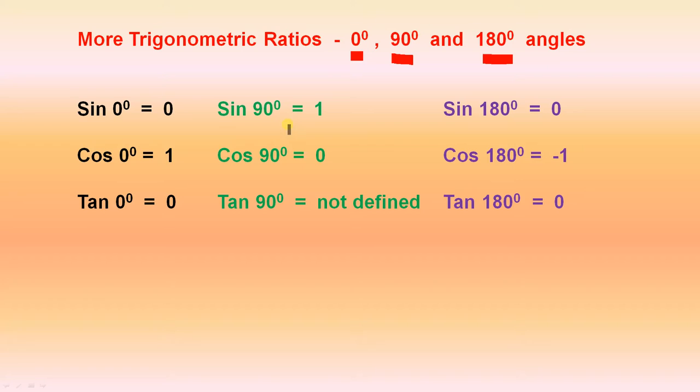The sine of 90 degrees is 1, the cos of 90 degrees is 0, and the tan of 90 degrees is not defined. The sine of 180 degrees is 0. The cos of 180 degrees is minus 1 or negative 1. And the tan of 180 degrees is 0. These come in very handy when you're drawing graphs.